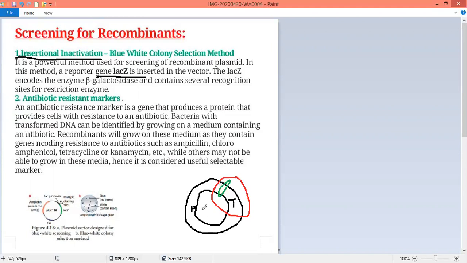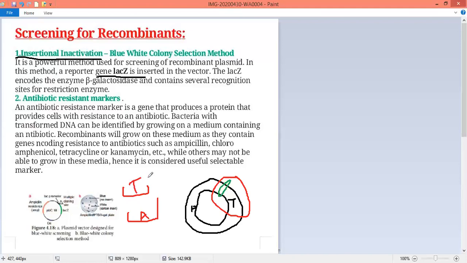So we know that our plasmid no longer possesses the tetracycline region and it will not grow in tetracycline medium. You can take ampicillin medium and tetracycline medium. The individuals growing in ampicillin medium are recombinants and transformants, and those cannot survive on tetracycline medium.